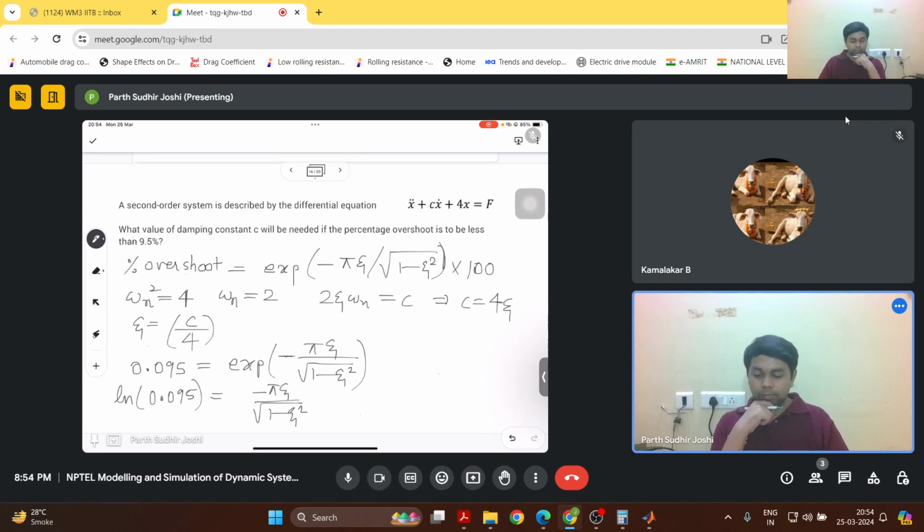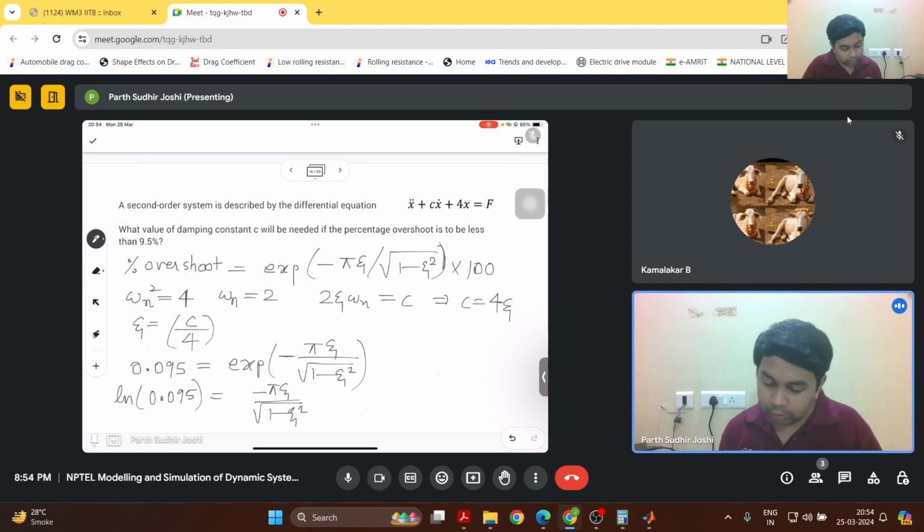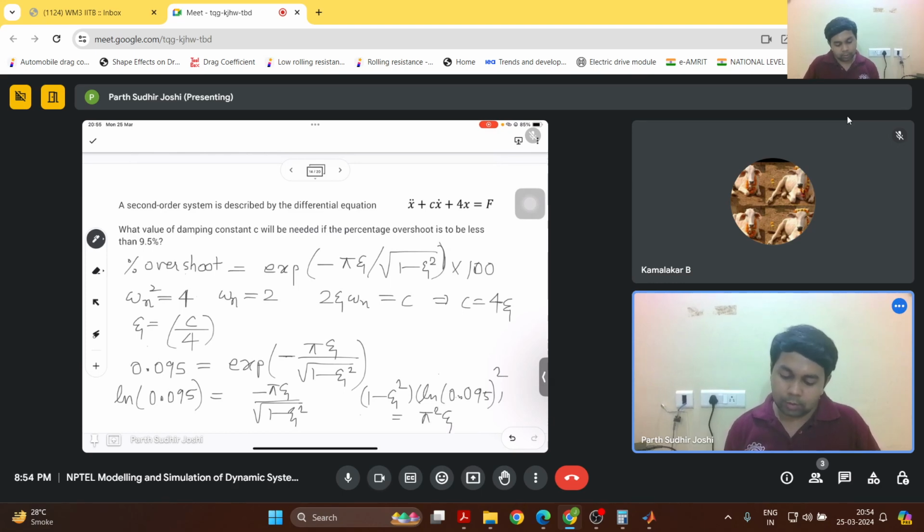So we will get basically 1 minus zeta square into ln of 0.095 whole square is equal to pi square zeta square.